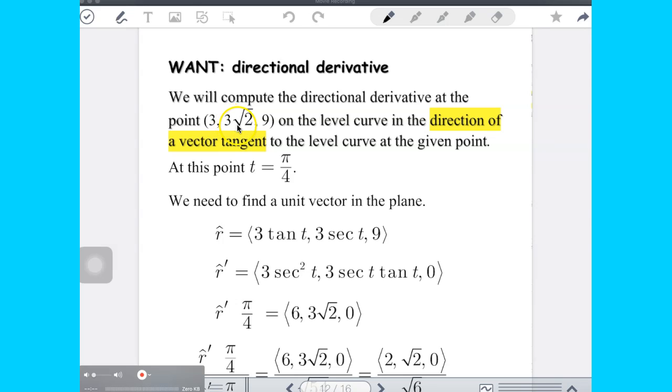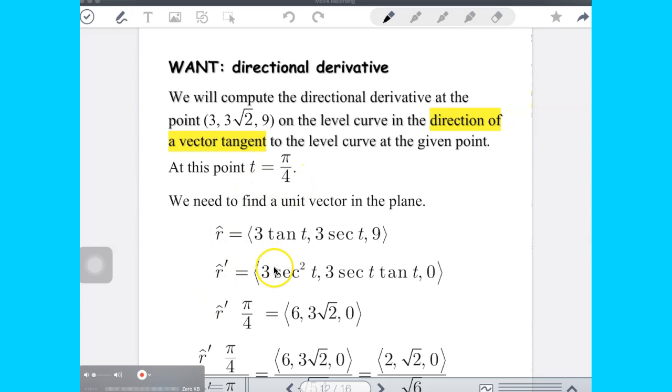Here I'm just choosing a random point along the curve, in the direction of the tangent vector. This point depends on the t that you have here. So when t equals pi over 4, you can replace tangent 45, secant 45, and you will get this value. This value is actually at the point t equal to pi over 4.